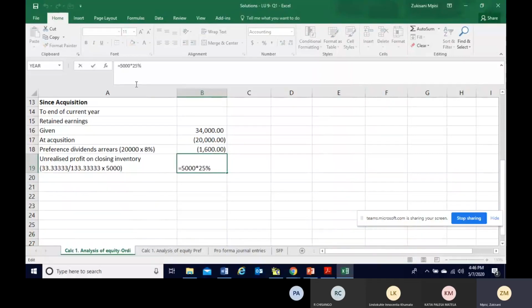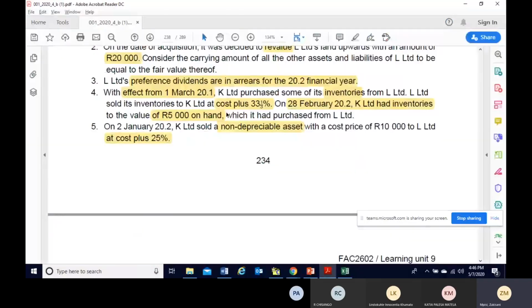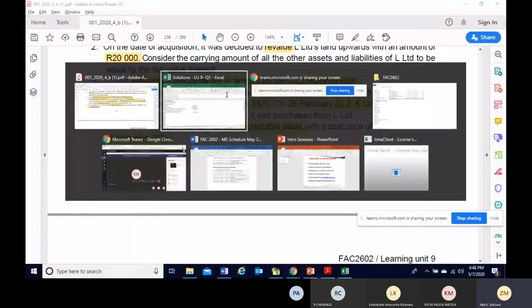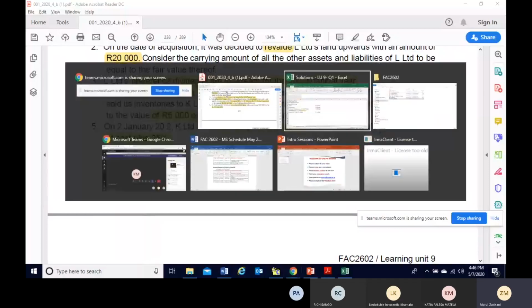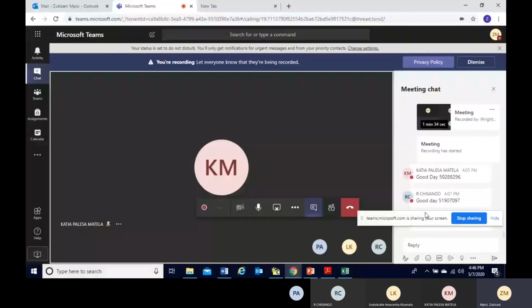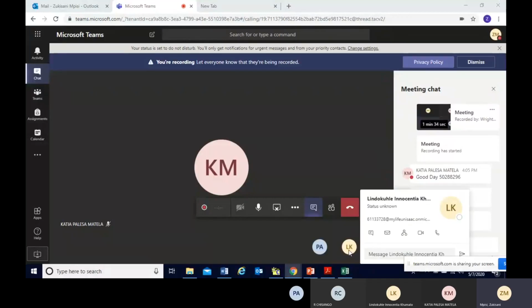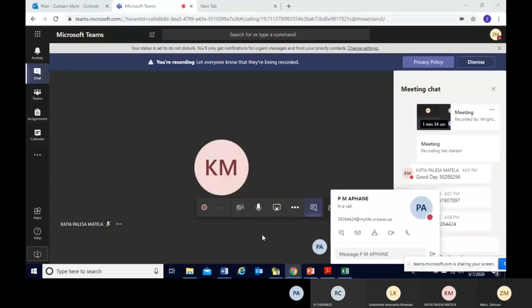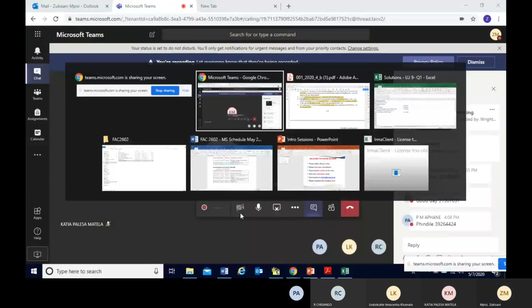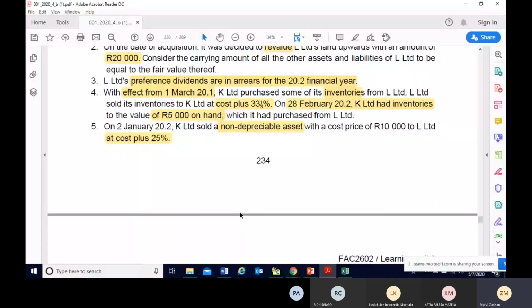This is the profit that was made because this inventory was sold at cost plus 25%. You made a profit out of your own group, which is definitely not allowed. So that's why we are taking it out again. So we have taken out this profit.